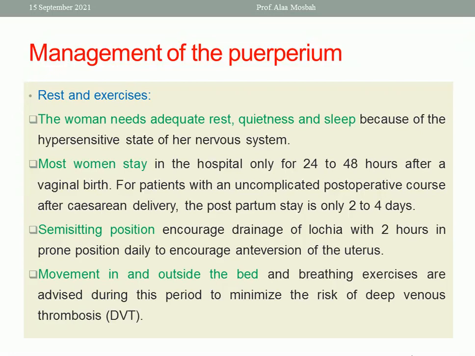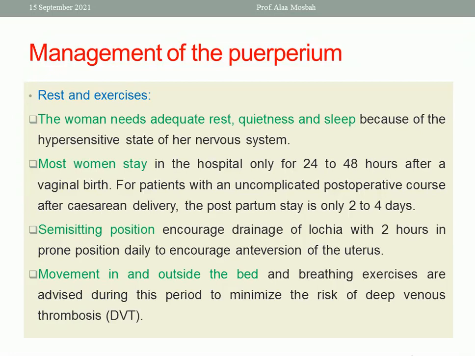For patients with an uncomplicated post-operative course after cesarean delivery, the postpartum stay is only 2 to 4 days according to the condition. Semi-sitting position encourages drainage of lochia, with 2 hours in prone position daily to encourage anteversion of the uterus.